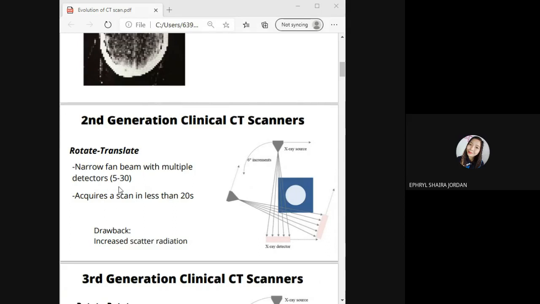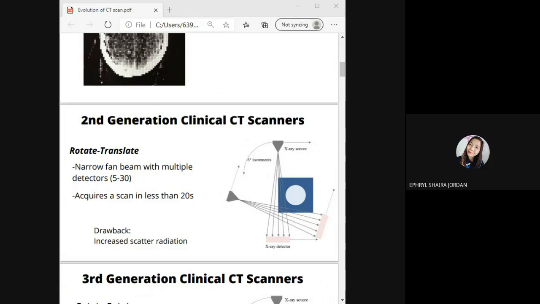By the way, when you say multiple detectors, this generation of CT scan has a design of narrow fan beam with multiple detectors, which are 5 to 30 detectors.